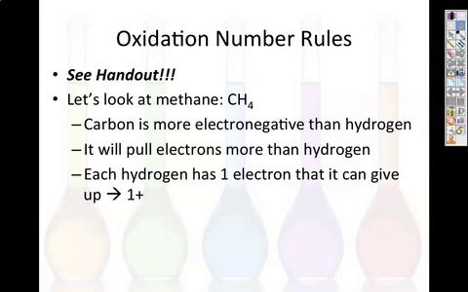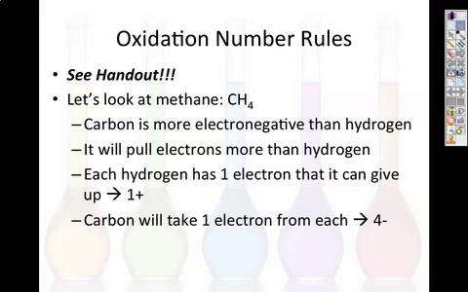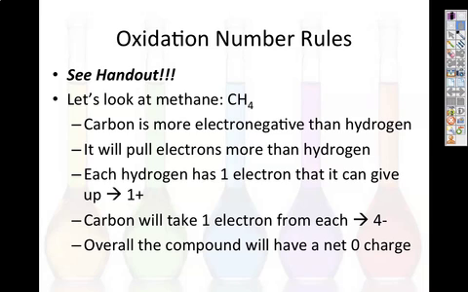So each of our hydrogens will have a 1 positive charge. Carbon can take 1 electron from each of those hydrogens, so that means it will have a 4 negative charge overall. And anytime we have a compound, not a polyatomic ion, but a compound that is pure, we're going to have a net charge of 0.